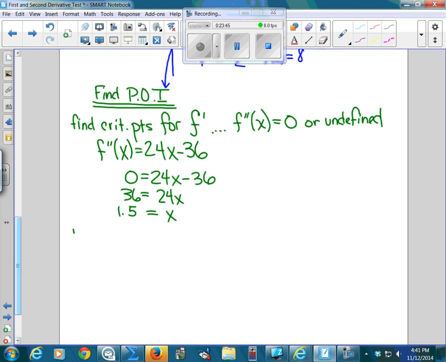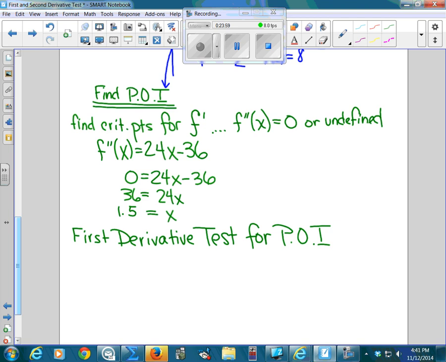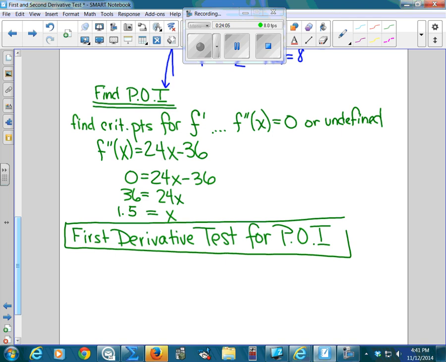So we label first derivative test for point of inflection.